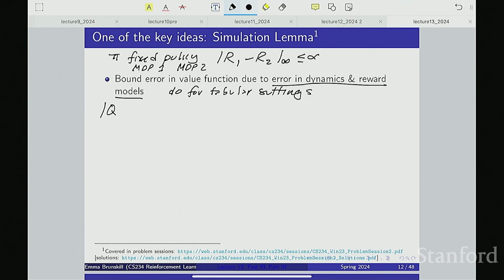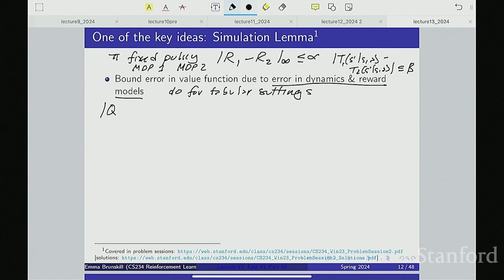We're also going to assume that we have an upper bound on the dynamics model. So we assume that T1 of s' given s,a minus T2 of s' given s,a is also bounded, by beta. That means from the point of view of your predictive models, the two MDPs differ by a bounded amount.